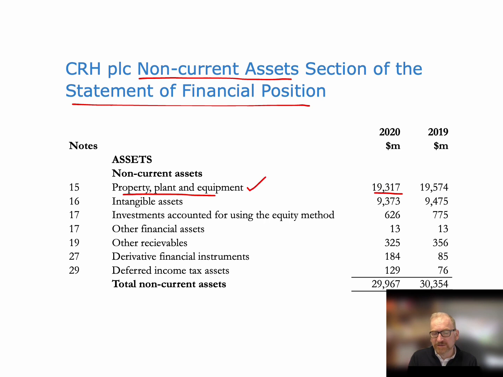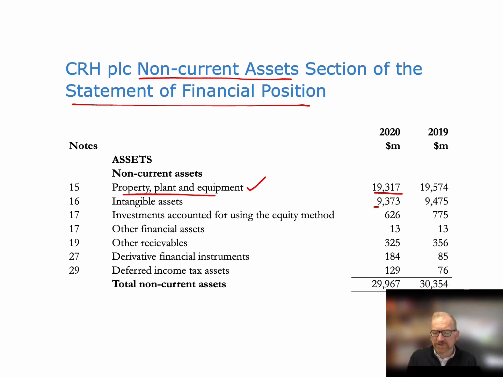This contains all the cement factories. CRH actually have their own docks in some countries. They have ships, they have lorries, they have office buildings, they have warehouses. They have all kinds of physical assets, and those are all contained within that section.